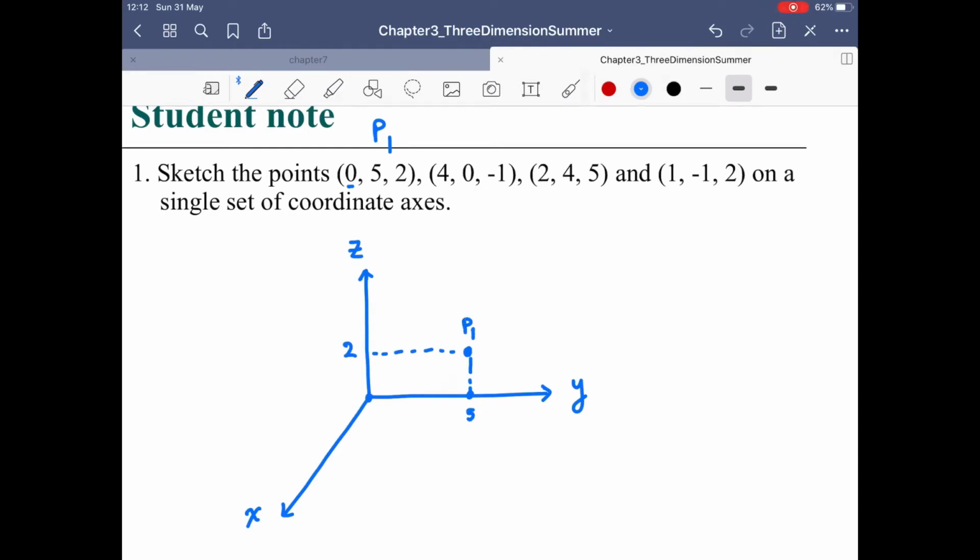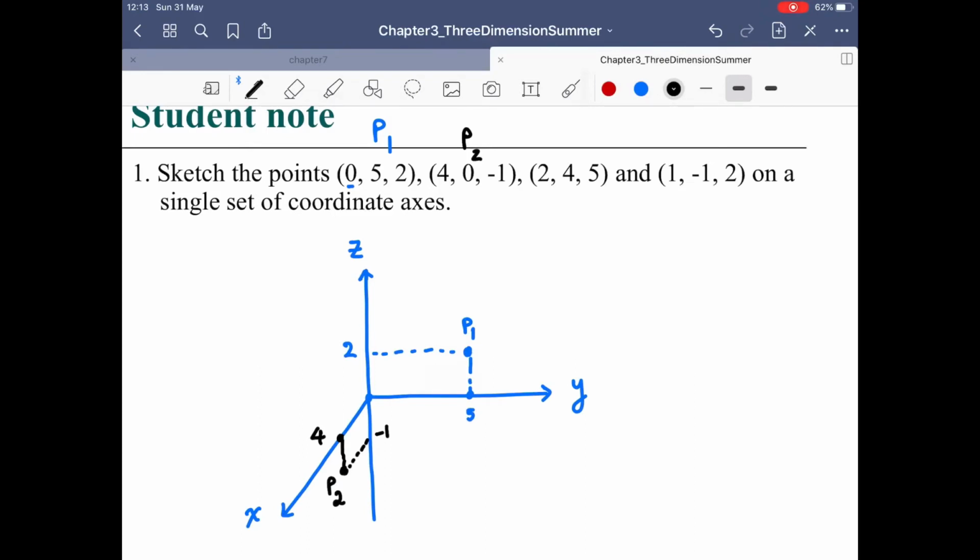Okay, so the second one, the P2, let's say you got a 4 along the X. Okay, so let's say that here is a 4, and then a 0 along the Y, so it just stays right there, and then you go down by 1 unit. So let's say that your Z continues down, so here is by 1 unit. Okay, so it is -1, so there is your P2 right here.